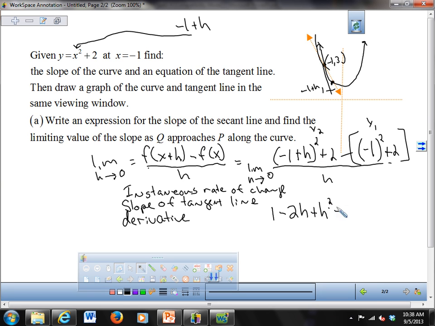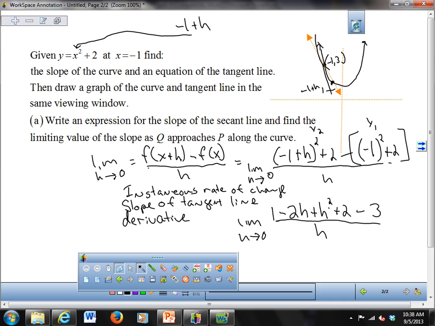Plus 2 minus this mess, which is negative 1 squared, which is 1, plus 2, which is 3. So it's just minus 3. Follow what I did? I'm just doing algebra over h, and I take the limit of that as h goes to 0.